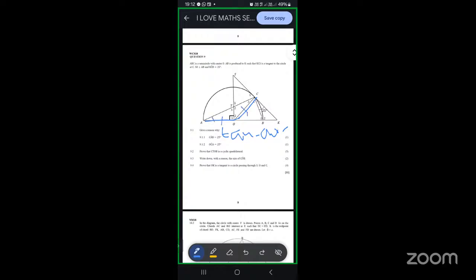Therefore, if this angle is 25, that angle OCA will also be equal to 25 degrees. They gave us that, but now they want the reason. Why do I say that is equal to 25? It's because this is an isosceles triangle. These sides are equal. So you can say base angles of an isosceles triangle, or you can say angles opposite equal sides.